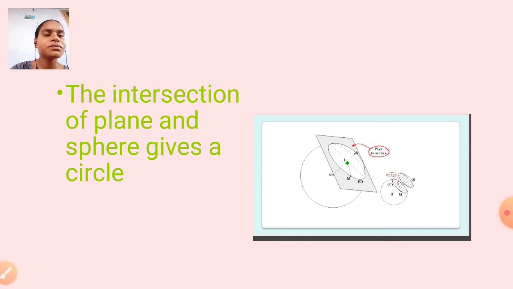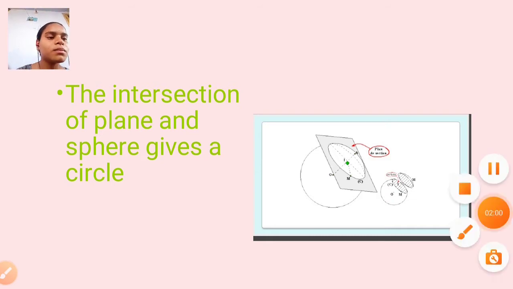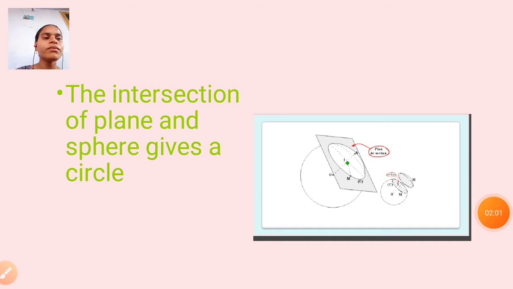Here O is the center of the sphere and M is the foot of the perpendicular from the center to the plane. Next we can see the plane dissection and plane section.